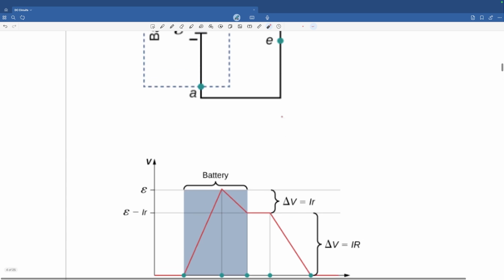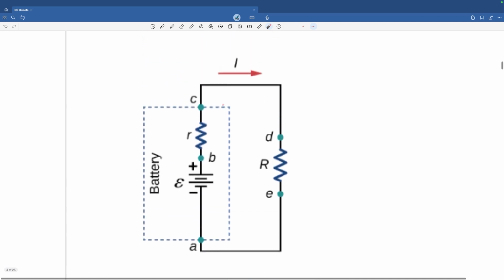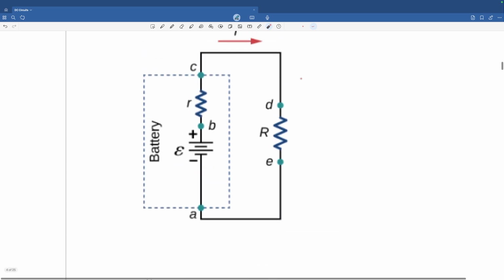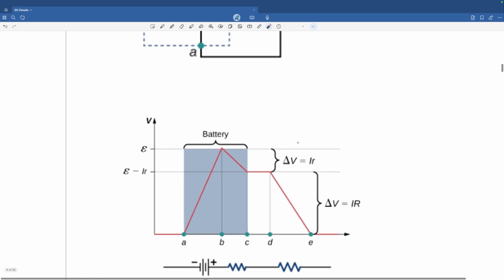And then when you go from C to D, nothing happens to the voltage because there's no resistance there. So you have a flat curve there, so nothing, no drop. Again, when you go through the external resistance, there is going to be another drop in voltage. This time it's going to be I multiplied by capital R. Okay, there you go.